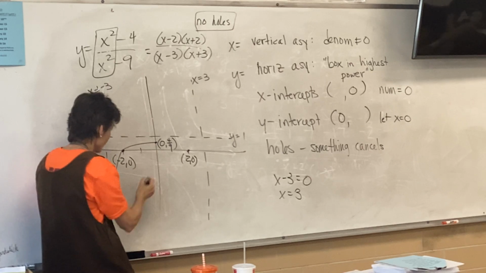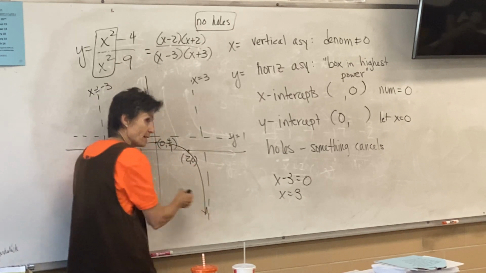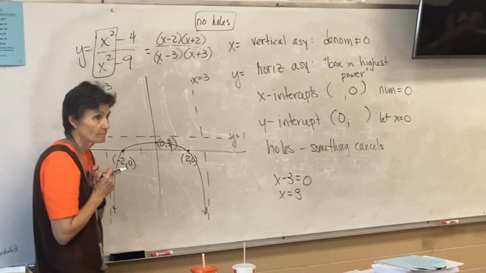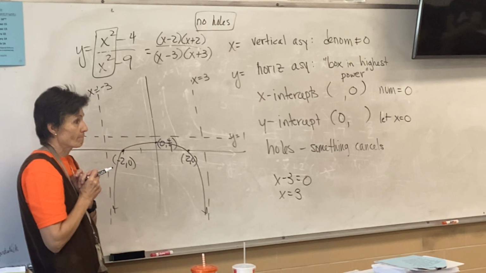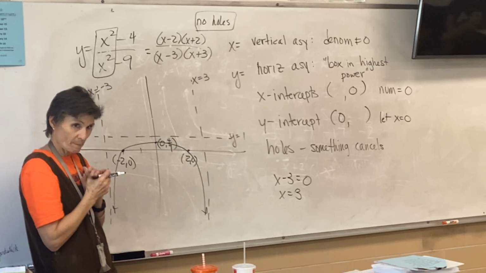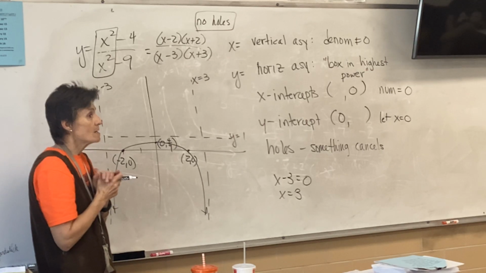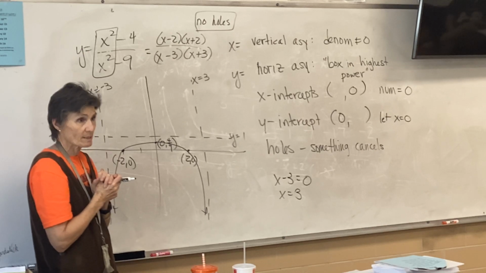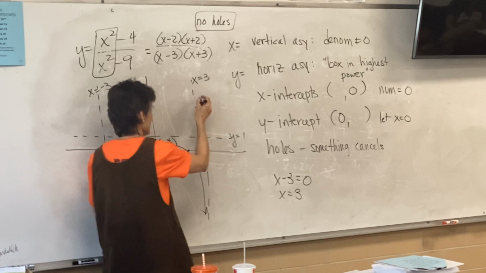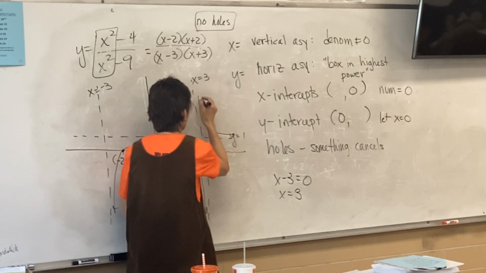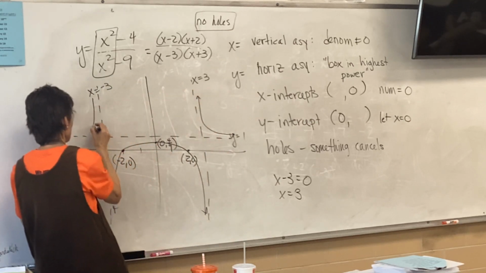Connect the dots, folks. Don't we have kind of a parabola right there? Now, what's the rest of the picture going to look like? Well, the rest is going to look like a reciprocal function. It's going to have a piece up here and a piece over here.